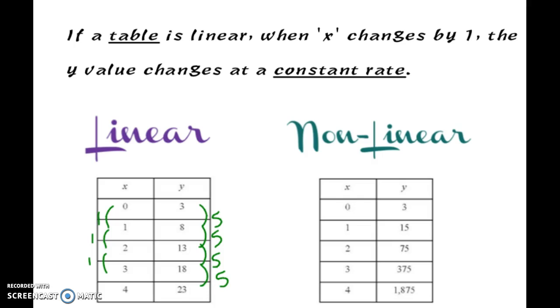It's linear. On the right, you can notice x is going up by 1, but as you look at y, well, it does have a pattern, it's a multiplying pattern, but you see the first time it adds 12, and then it adds 60, and then it adds 300. So it does not have a constant rate. It's not linear.